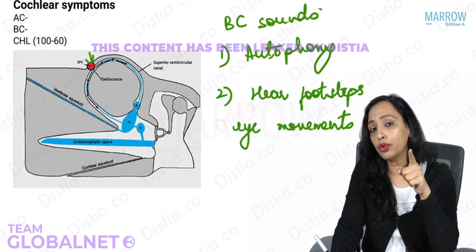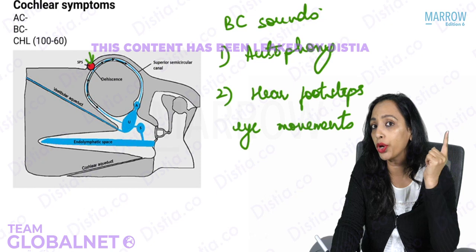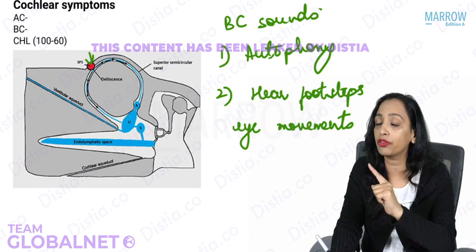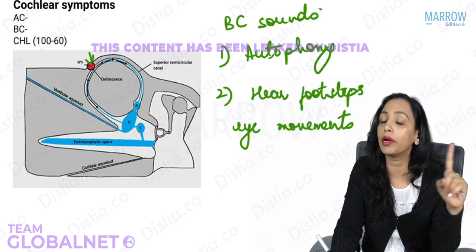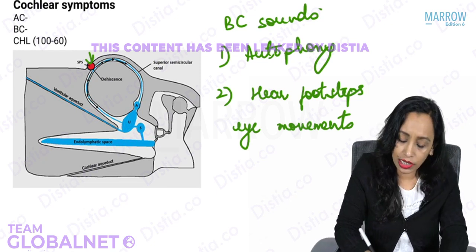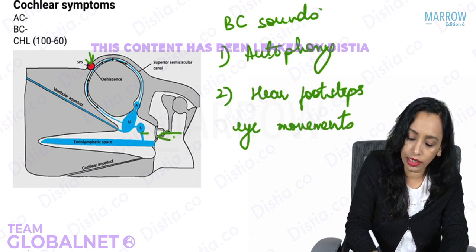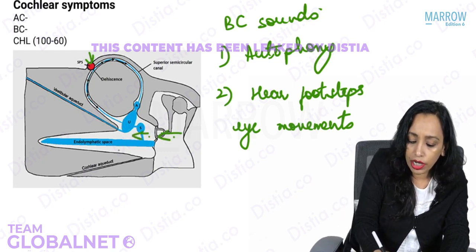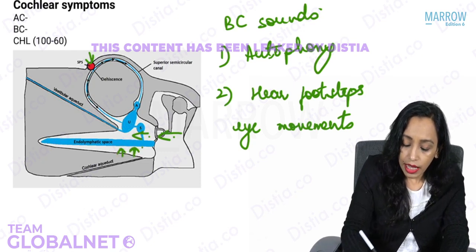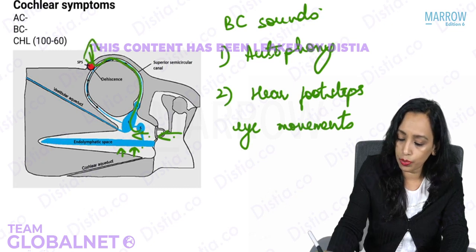But what will happen to the air conduction sounds? The air conduction sounds means the sounds which are going through the conductive pathway, through the external ear and then through the middle ear and then to the inner ear. What will happen to those sounds? Let us see. Yes. So these sounds which are going from the middle ear and then they are going into the inner ear. Now see, before they reach the organ of Corti to stimulate it, some sound will get lost through this opening.